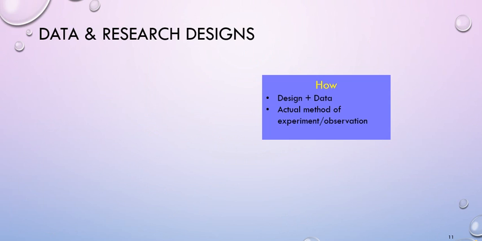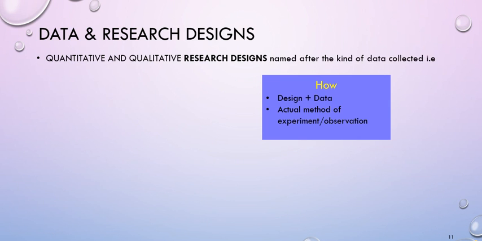The data are related to the design, and sometimes there are research designs that are named quantitative or qualitative just because of the kind of data we're collecting. For example, you can collect observational quantitative or observational qualitative data.